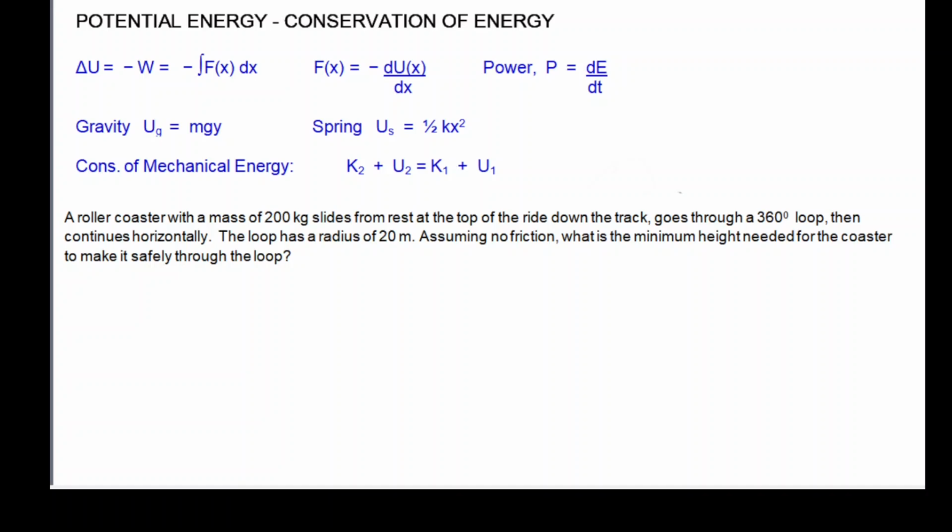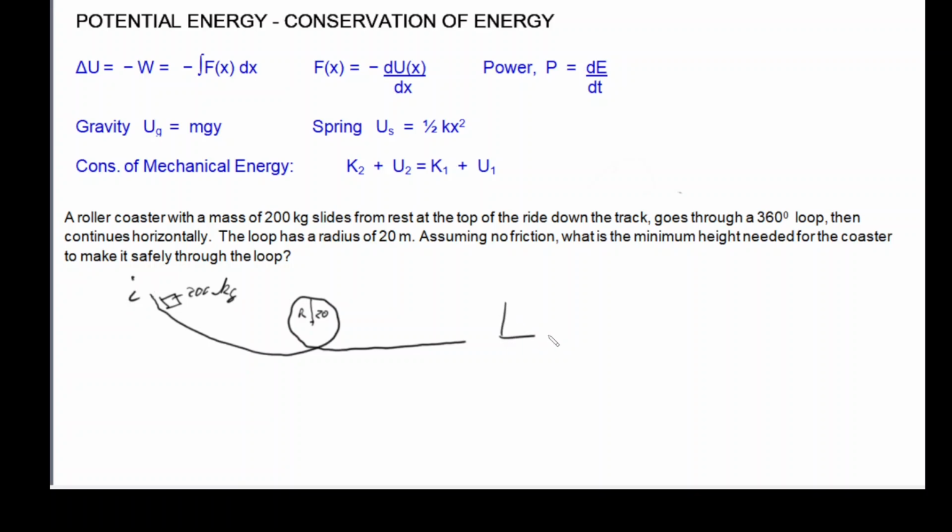Once again, we're going to draw this. So we have the coaster coming down, goes through a loop, and continues horizontally. We know that the radius is 20 meters. And the coaster starts up here. It's 200 kilograms. We'll call that the initial point.